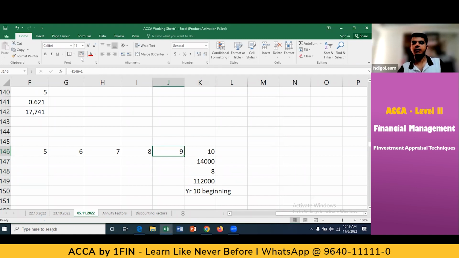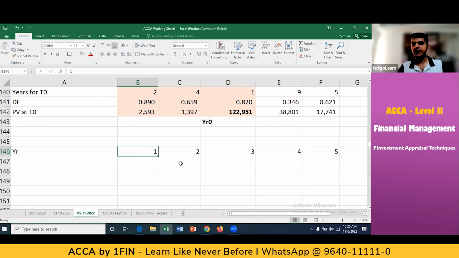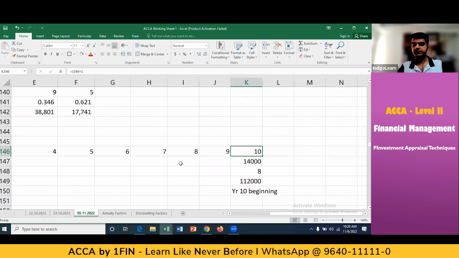That is 31st December of year 9 or 1st January of year 10. We consider it as the same day. So there is no difference between these 2 days. 1 day difference we will not consider in our calculation. So now how many years are we discounting to get to year 0? 9 years. So 9 jumps we have to do to come to year 0. Okay, clear?